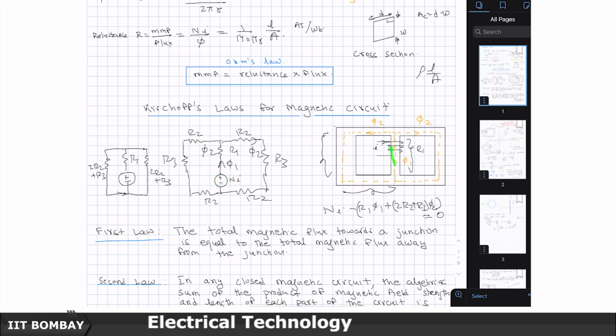Now, what is expended can be written as reluctance times the flux. The flux is already flowing here.